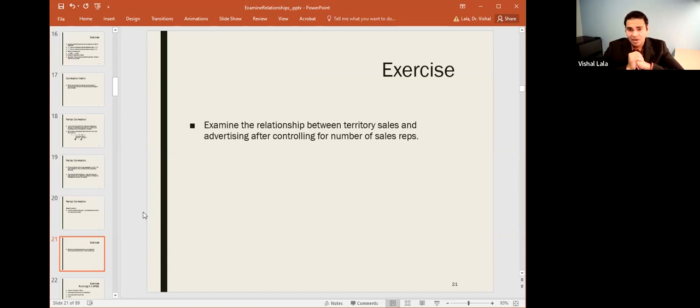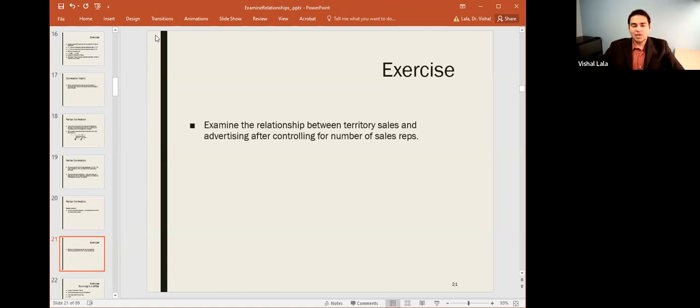Maybe it so happens that places with more advertising also have more sales reps. If you take out the effect of sales reps, it's possible that the effect of advertising on territory sales might altogether vanish. So we're really testing the purity, the robustness, of the relationship between advertising and territory sales.